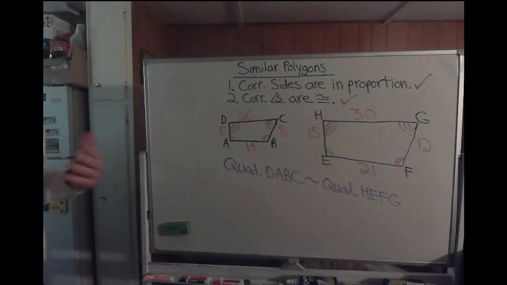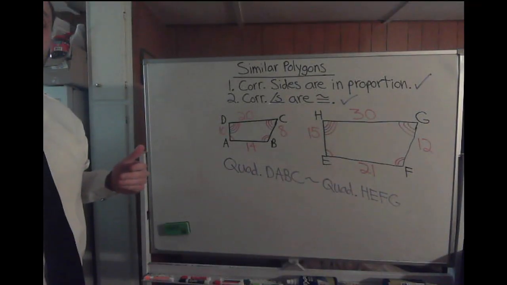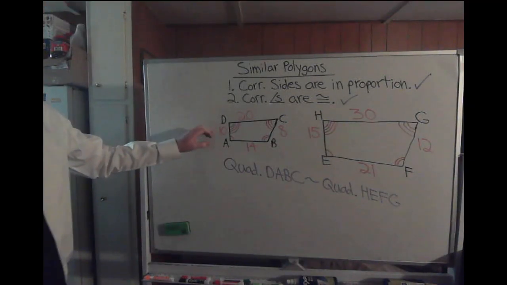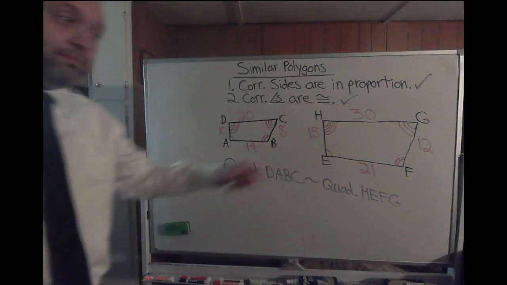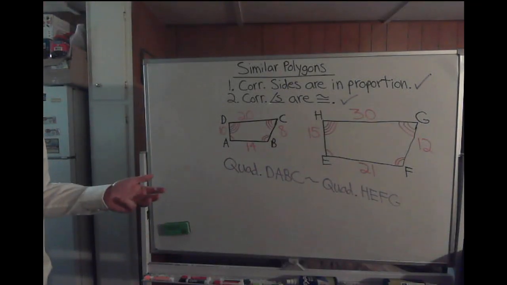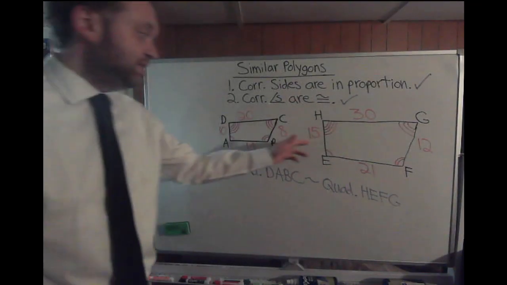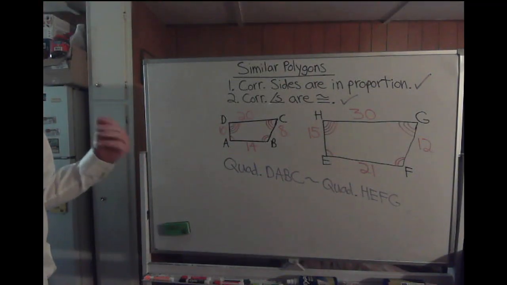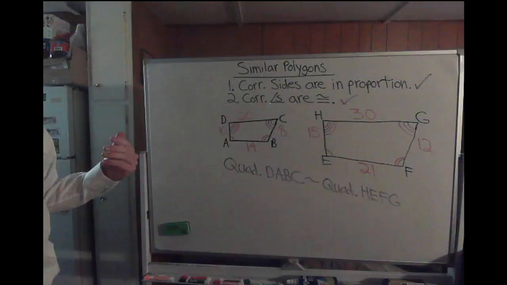Now there's something else before we move on that I would like to point out. If your scale factor was 1 to 1, meaning both sides have the exact same length, then the corresponding sides of each quadrilateral would have to have the exact same length, therefore making the shapes congruent.